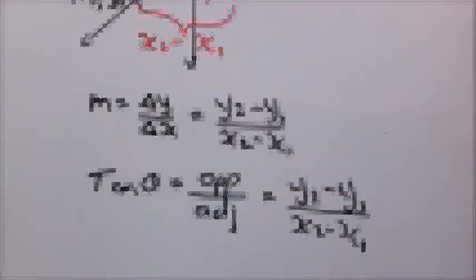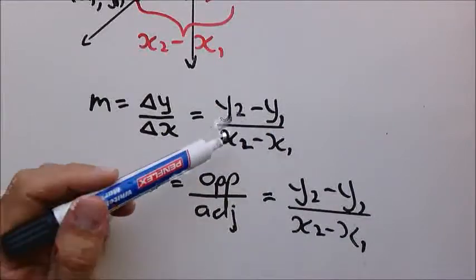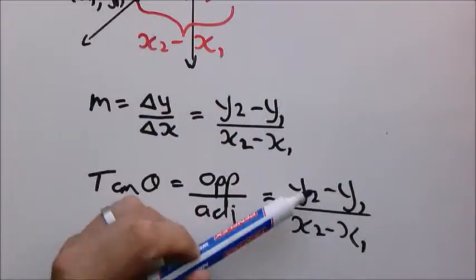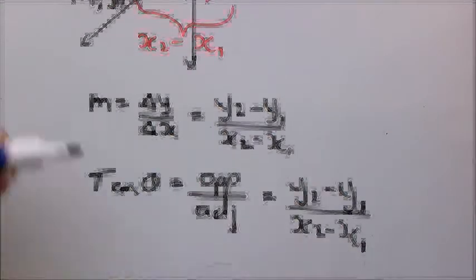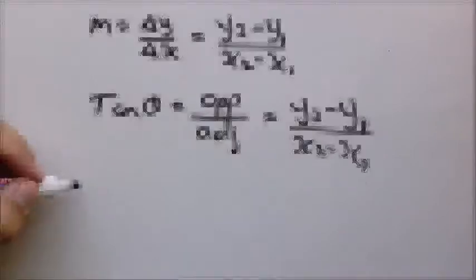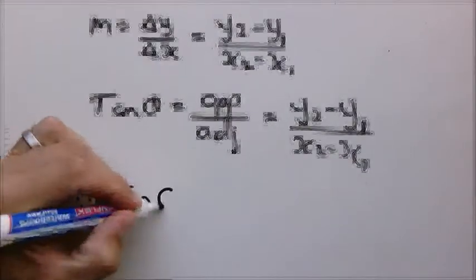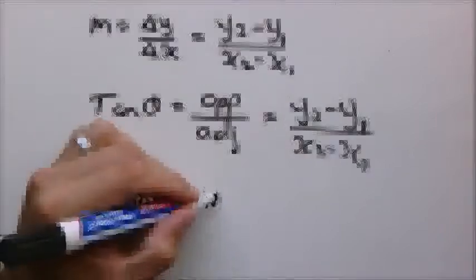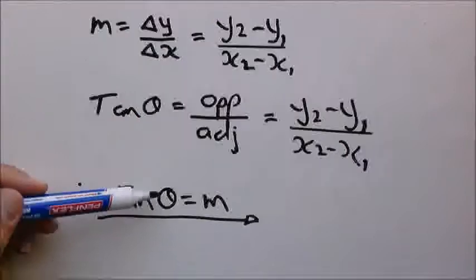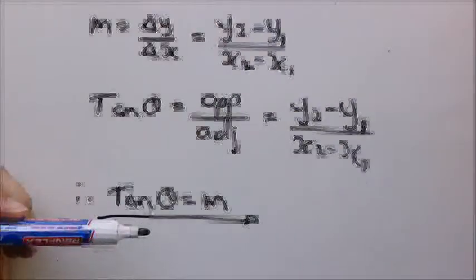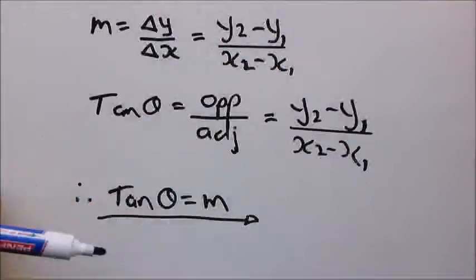And you will see that these are the same: y2 minus y1 over x2 minus x1. Then, based on this, we can conclude that tan theta is equal to m, the gradient. This angle, this theta, we call the inclination. And that's how we can calculate the gradient.